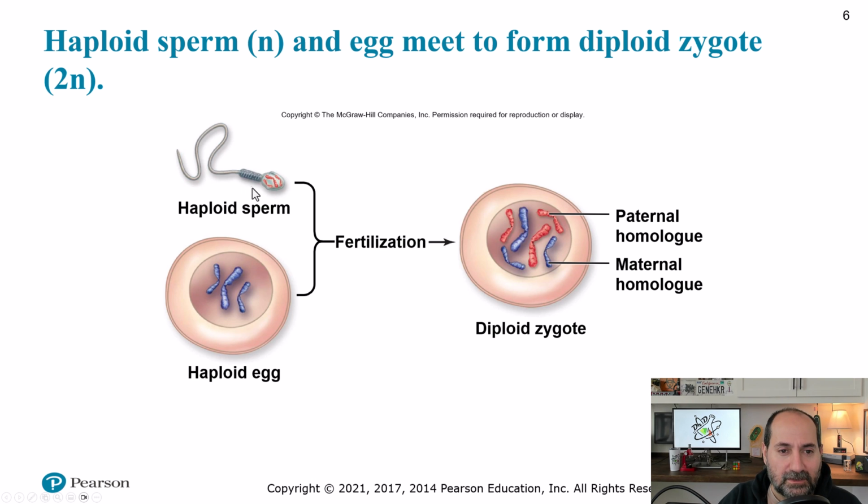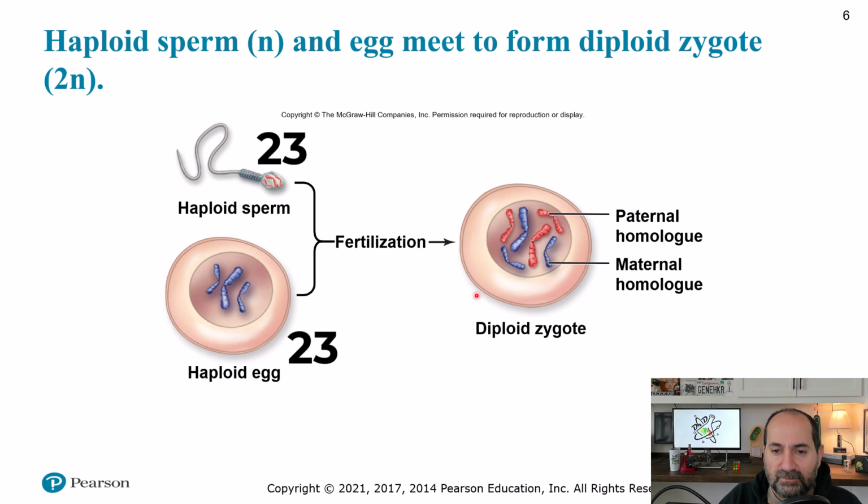So take a look here. This is how it works. The sperm cell contains only 23 chromosomes. So it contains a set of chromosomes, 1 through 23. Same with the egg. The egg contains a set of chromosomes, 1 through 23.